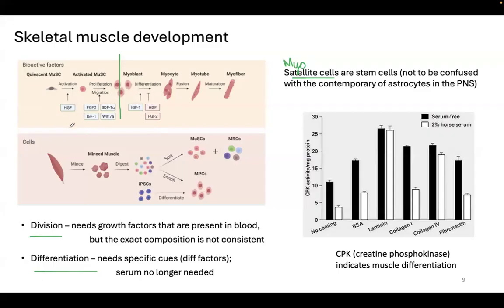So some growth factors like HGF, FGF2, IGF1 are for activation and proliferation. And you can see IGF1 is also doing proliferation, also doing differentiation. But you see here that these two terms are actually inhibiting. This symbol is inhibition of differentiation. So initially you want this, but later on you don't want these signals because this would prevent differentiation.